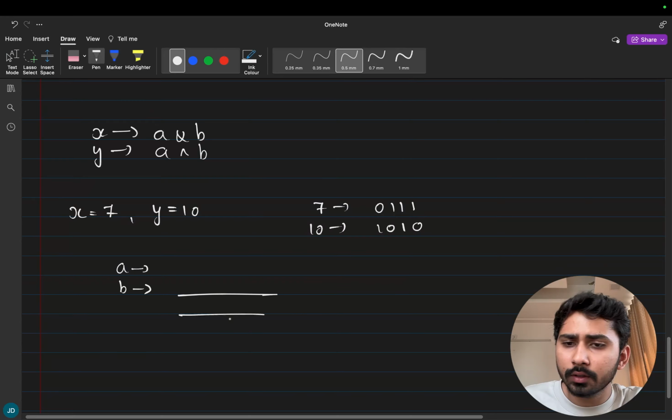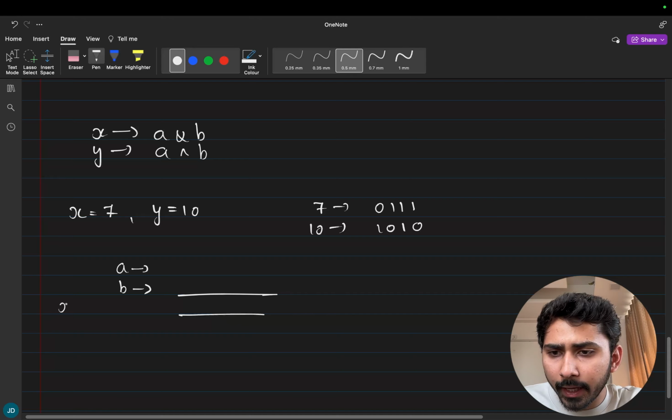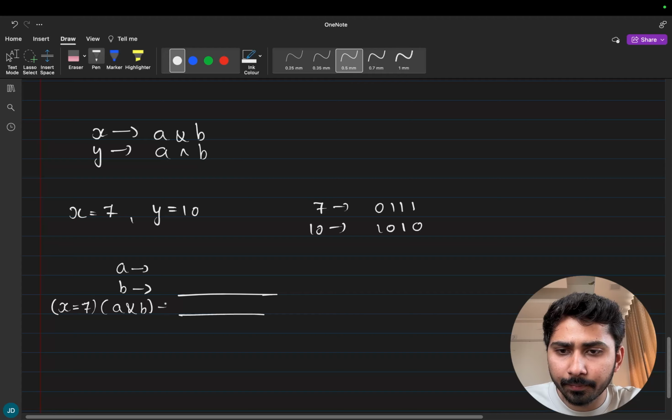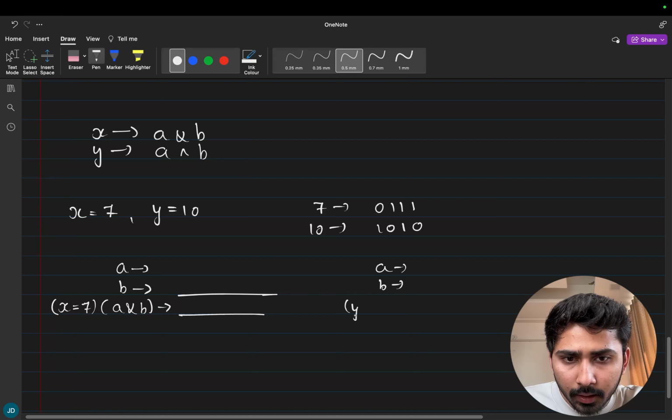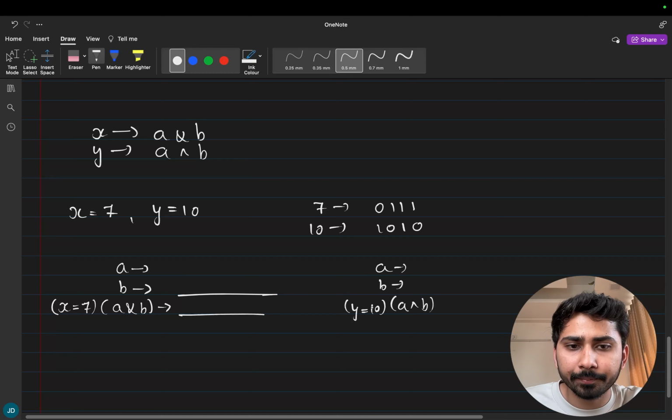So this will teach you for what value of X and what value of Y the output is not possible. So we know that X is nothing but 7. It is basically A AND B. And here Y is equivalent to 10, and this is nothing but A XOR B. So what do we need in the XOR operation?